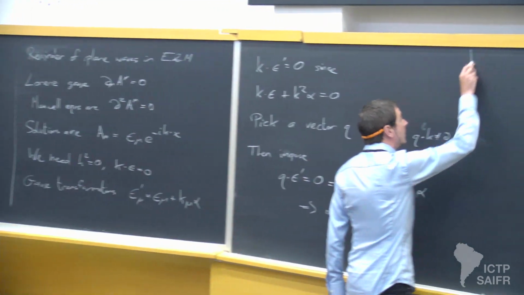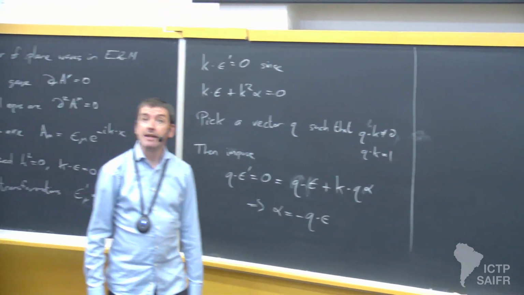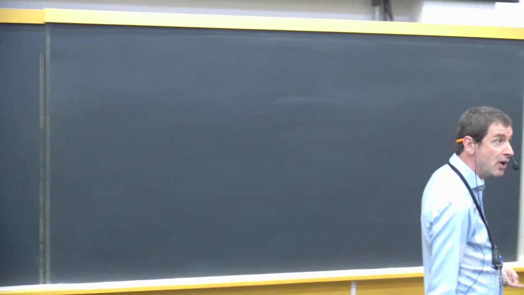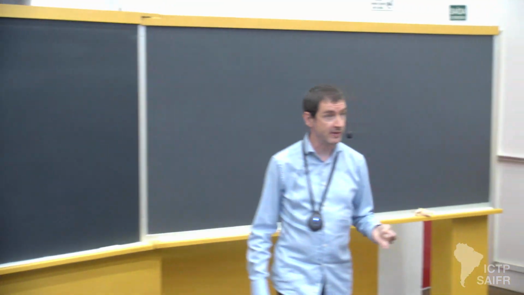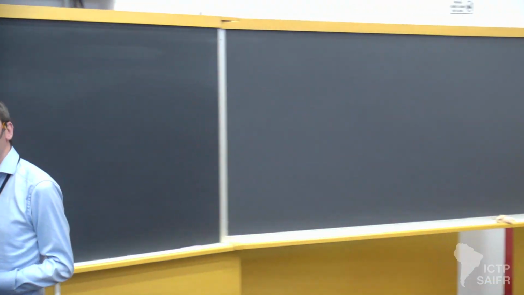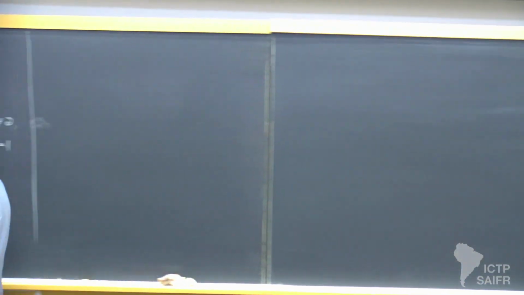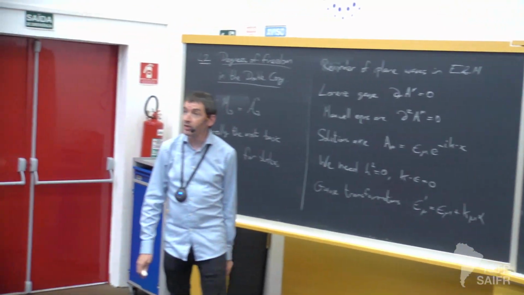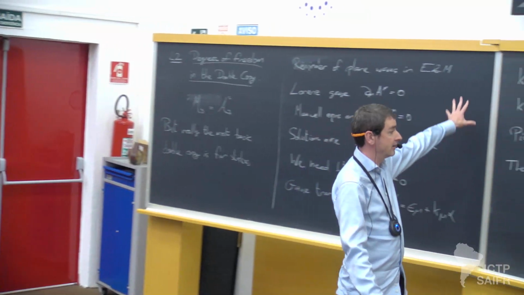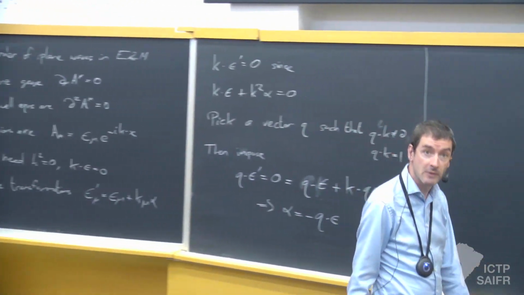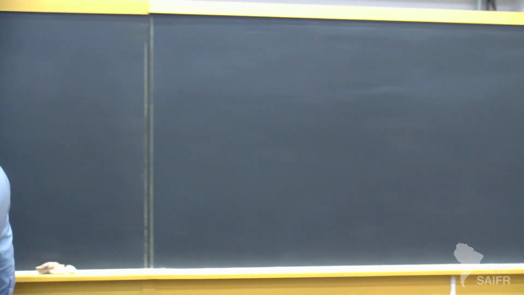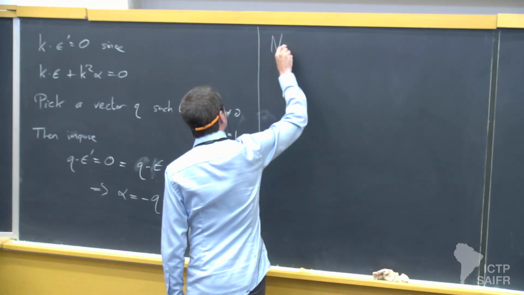So what I've done now is we have a polarization, this epsilon prime. It satisfies k dot epsilon prime equals 0 and q dot epsilon prime equals 0. That's two equations on the four components of the polarization vector, which is another way of saying that there are only 2 degrees of freedom in the perturbative waves in E and M. Okay, so there's 2 states. And note that we have a basis.